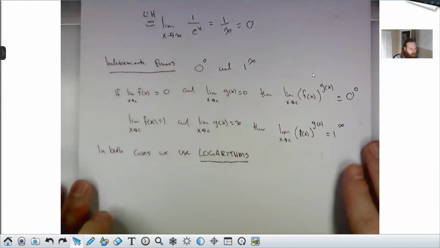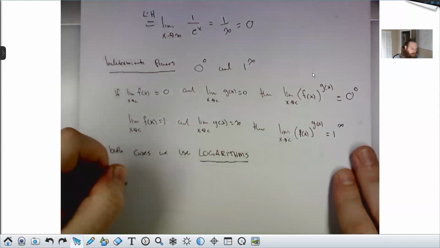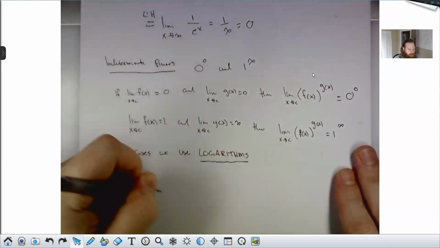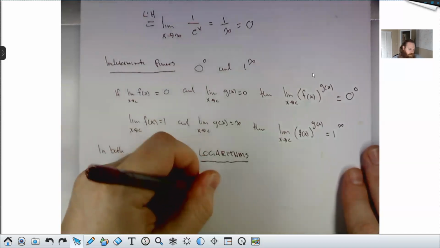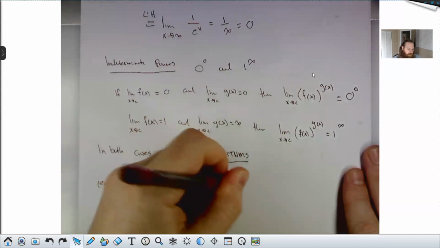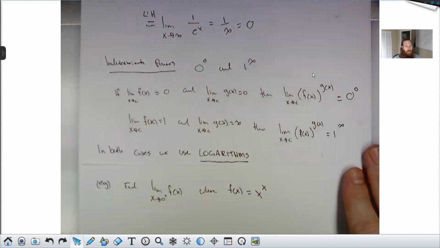I'd like to show you through an example, and the easiest example of this is find lim x to 0 plus of f of x, where f of x is x to the x.